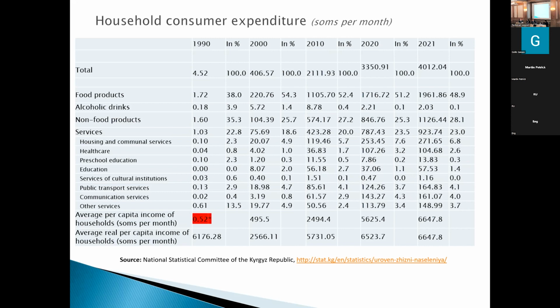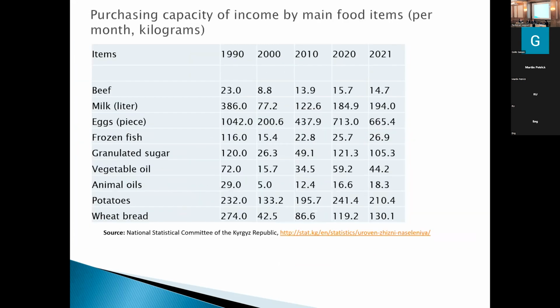When we compare the average real per capita incomes of the households in terms of soms per month, in the 1990s it was a little bit higher than 6,000, which is nearly the same as 2020 and 2021. Here is the purchasing capacity of income.